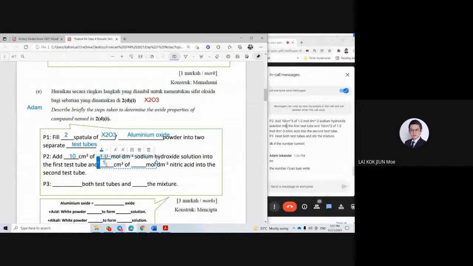Now you use 1.0. One book, I check another book, then I can tell you the average one. We use the average one. Better we use the average figure.